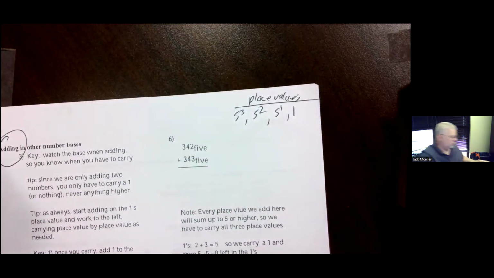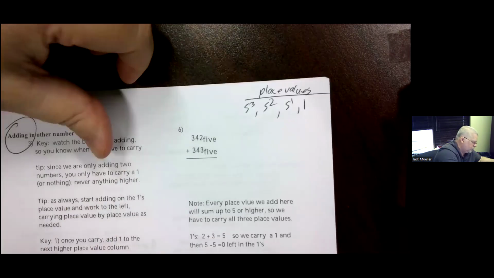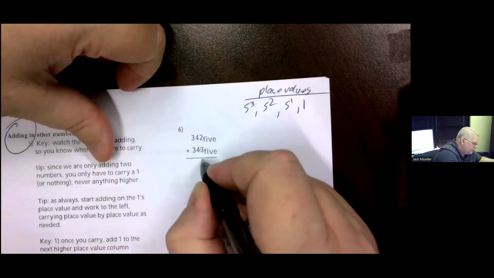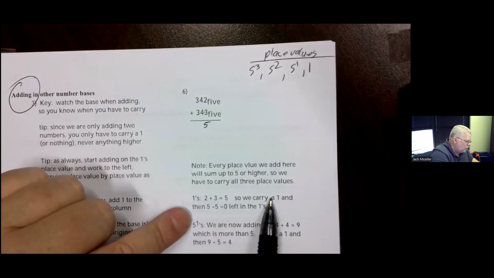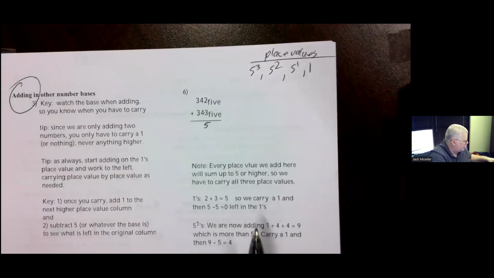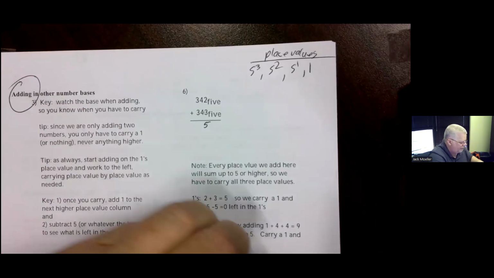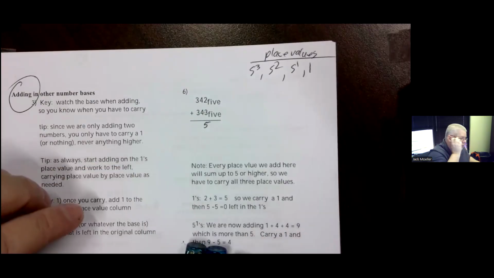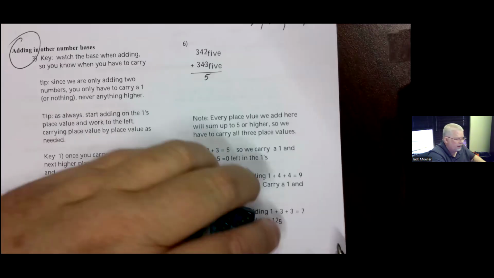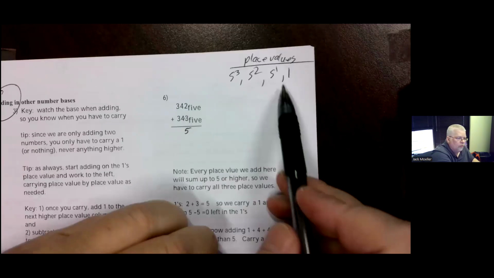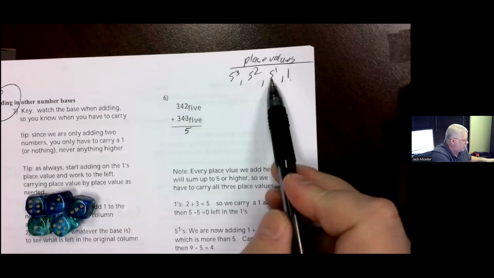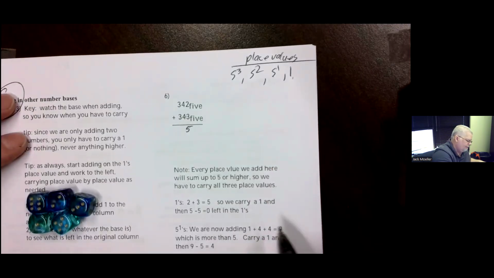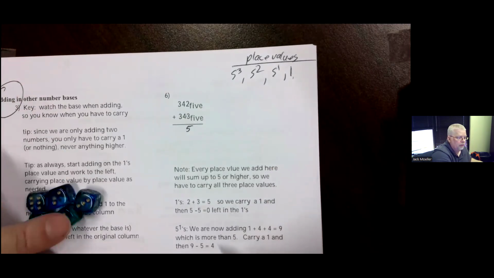All right, so how do we go through and do this? So 2 plus 3, we would say is 5, but we're in base 5, so what do we do with that? Well, we carry. Our sum came out to 5. So that means we have 5 ones, take those 5 ones and make them 1 five. Now, how many do we have left over?